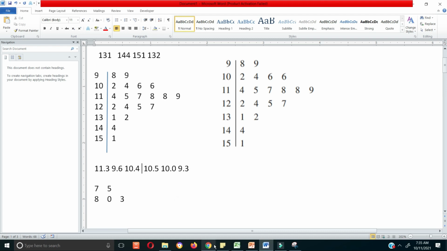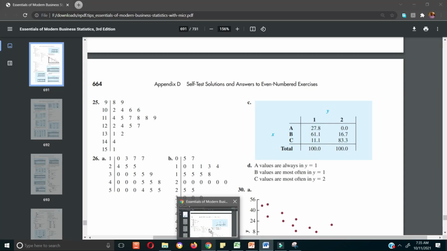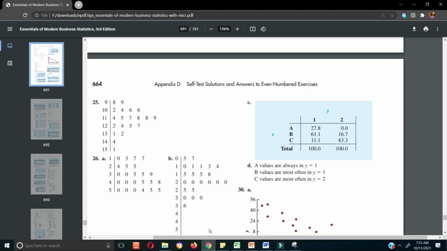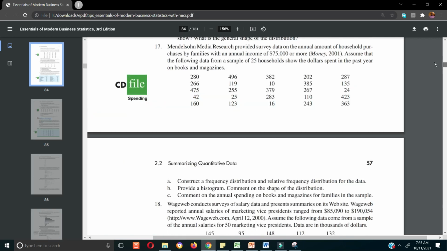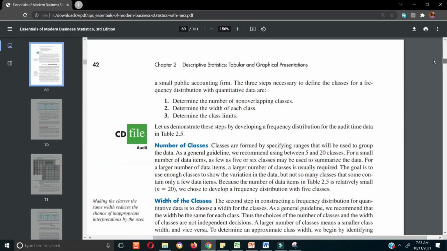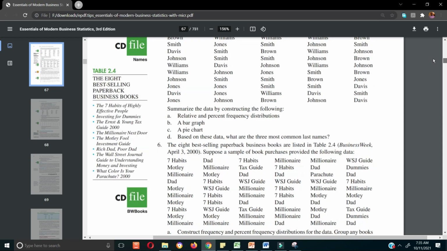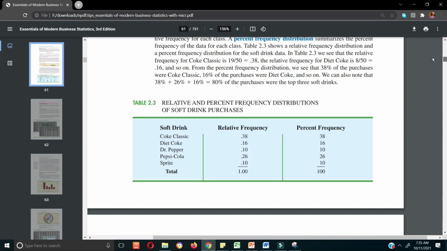Is that right? Let me just be sure that's the data that I actually get from chapter 2.